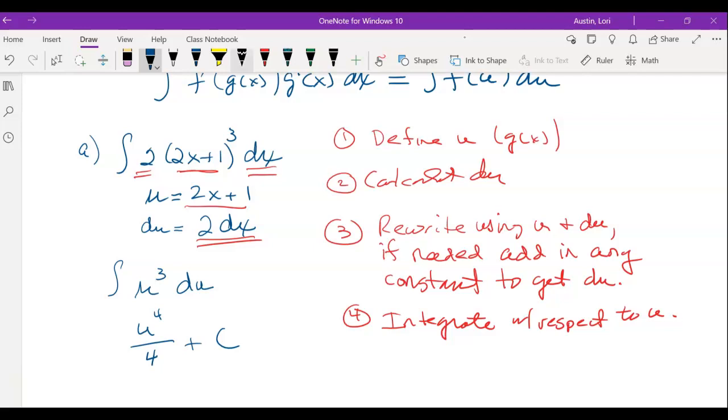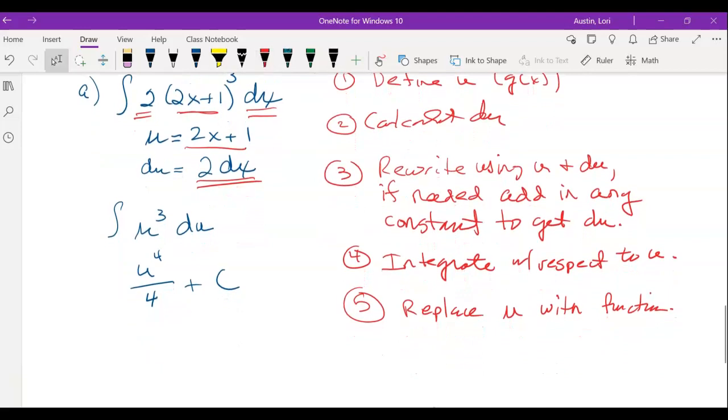So your last step is simply to replace u with the function.